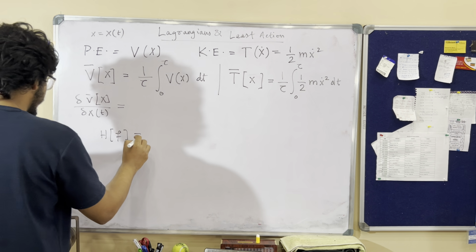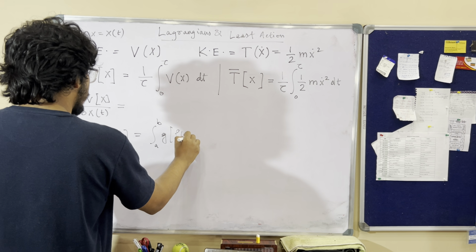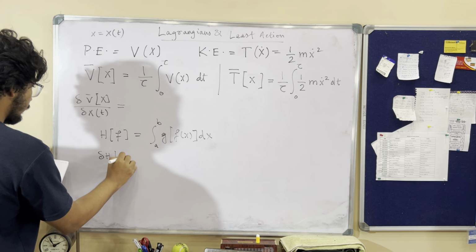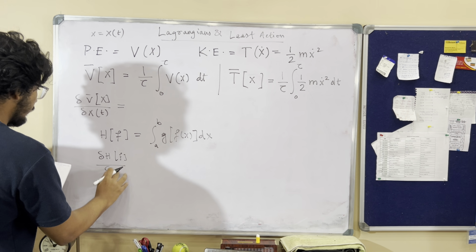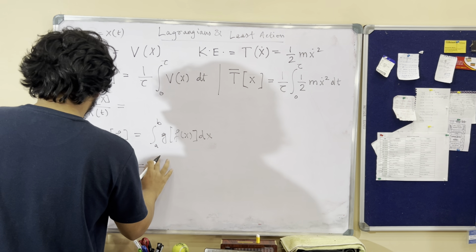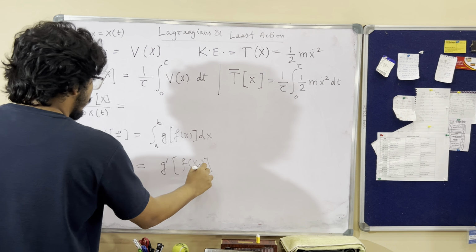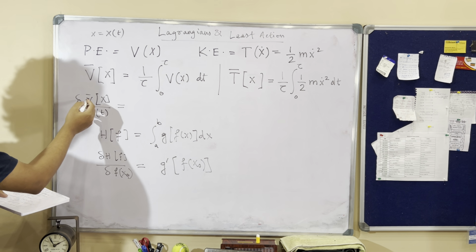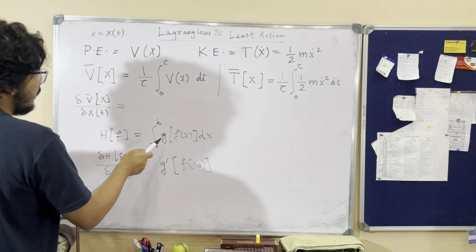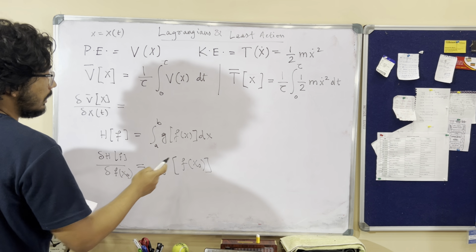If there is a functional H of f that looks like this, then the functional derivative looks like this, and we are going to use this expression here. Here V bar is the H, x is the f, t is the x naught, and g here is the potential V.